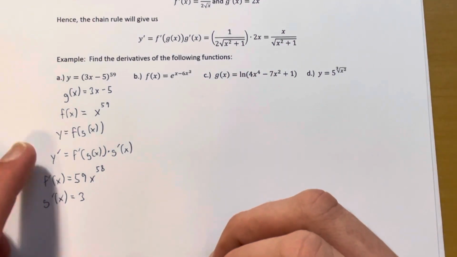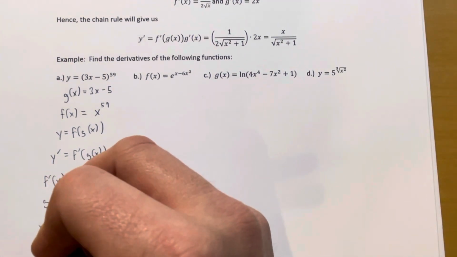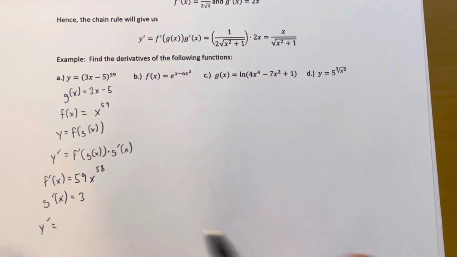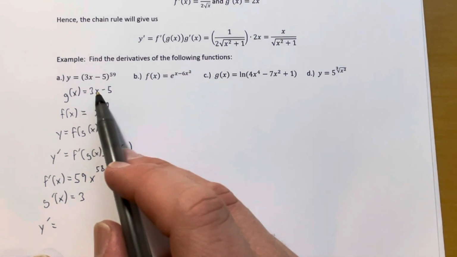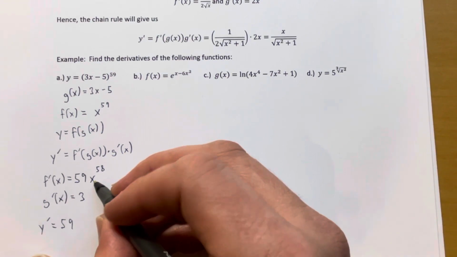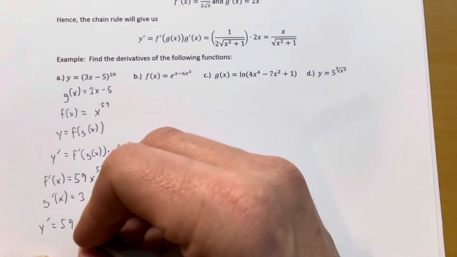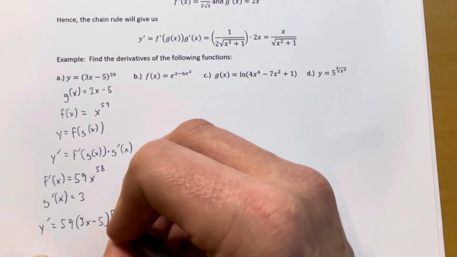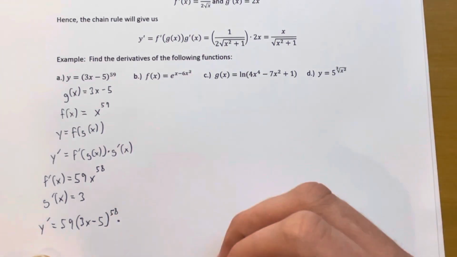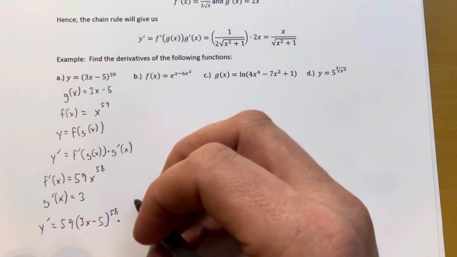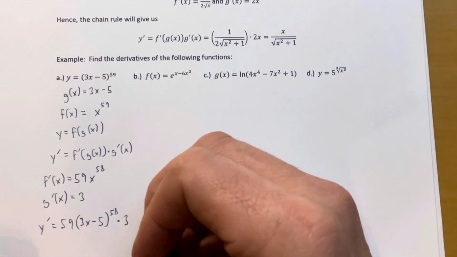Now to find y prime, I plug this stuff into the general formula for the chain rule. y prime is equal to f prime of g, so 59, and then instead of x, I'm plugging g in for that. So I get parentheses, 3x minus 5, to the 58th power, times this 3 right here, because that's the g prime of x that gets multiplied.